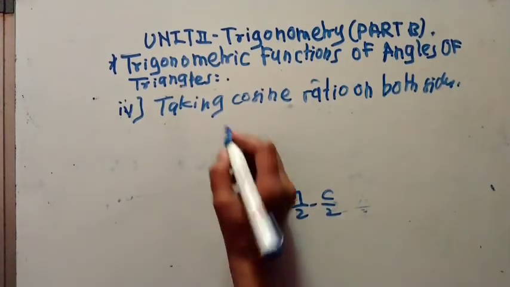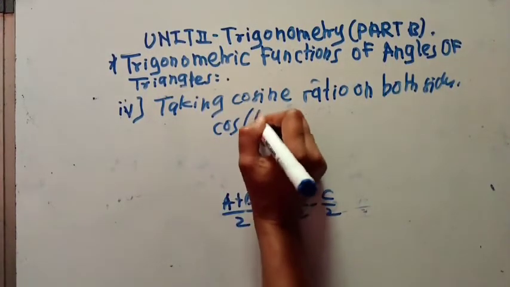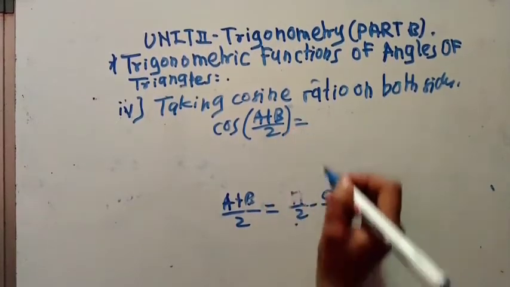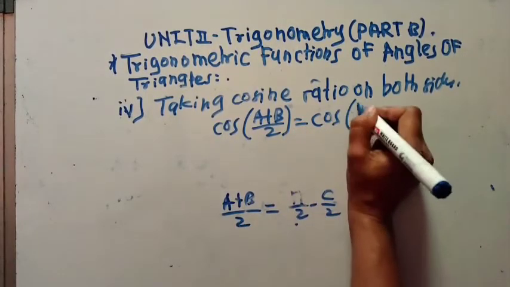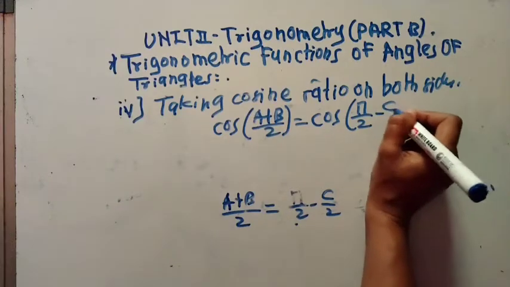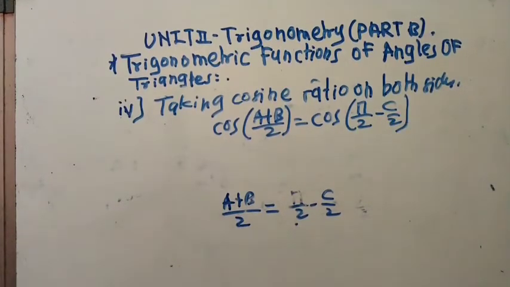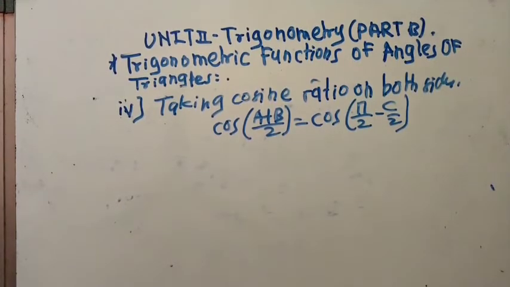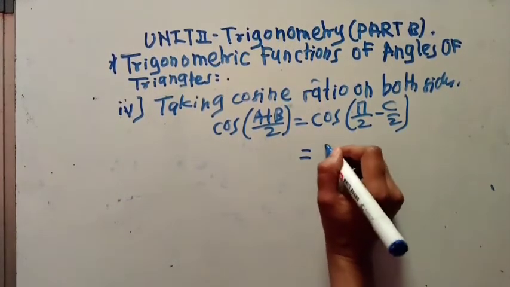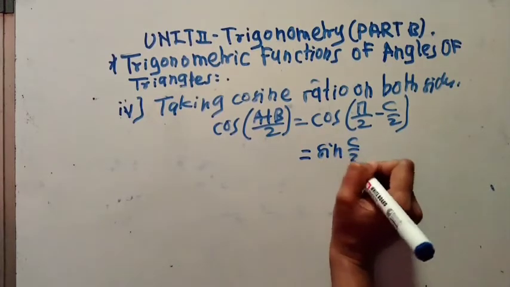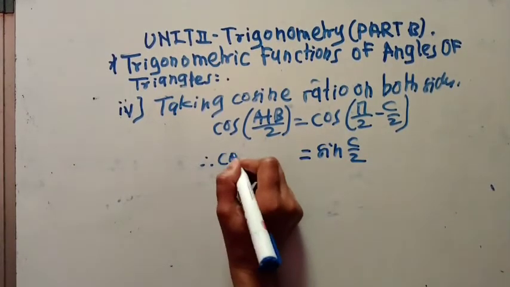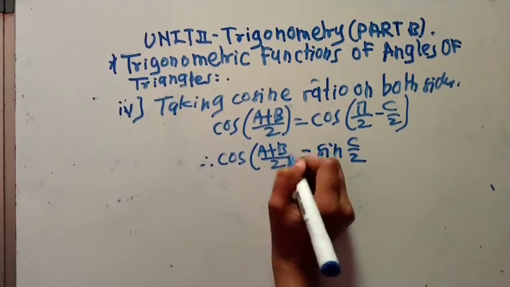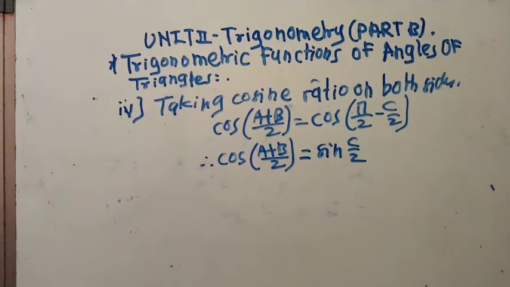Hence, cos((A+B)/2) is equal to cos(pi/2 minus C/2). But cos(pi/2 minus C/2) is sin(C/2). Hence, cos((A+B)/2) is equal to sin(C/2).